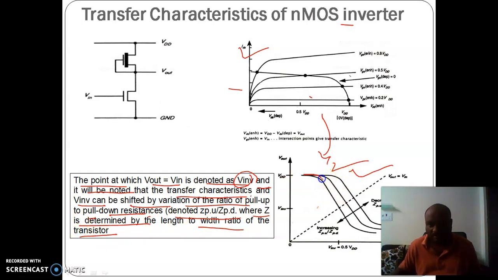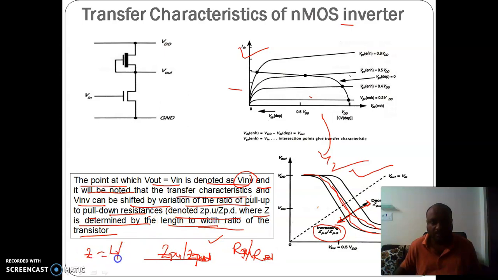This can be the transfer characteristics of an nMOS inverter, and it can be shifted upwards or downwards by varying the parameter ZPU by ZPD, the ratio of pull up by pull down. In short, it is the ratio of the resistance values of the pull up network to the pull down network, which are determined by the length to width ratio.